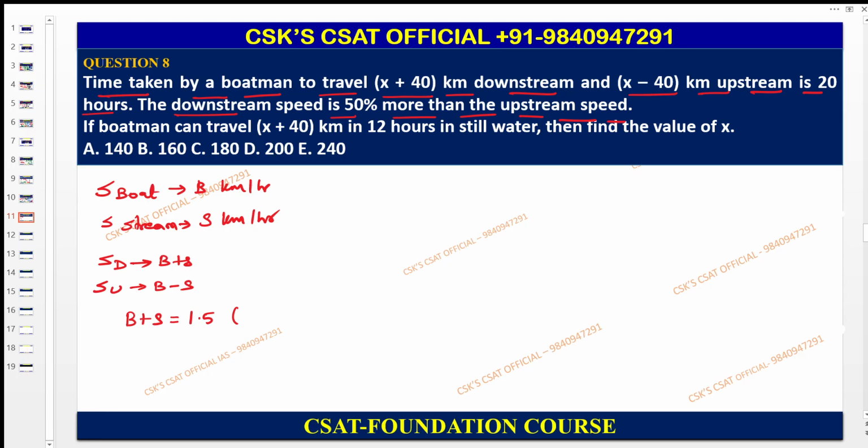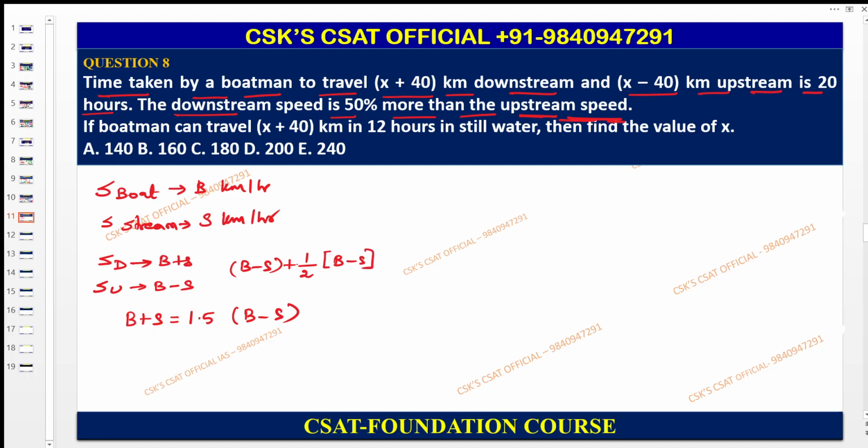Let us take s kilometer per hour. Then what would be the downstream speed? The speed of the boat downstream is nothing but we need to add them. Upstream, with respect to the speed of the boat, we have to subtract, since it is opposite in direction. So therefore we have to subtract.